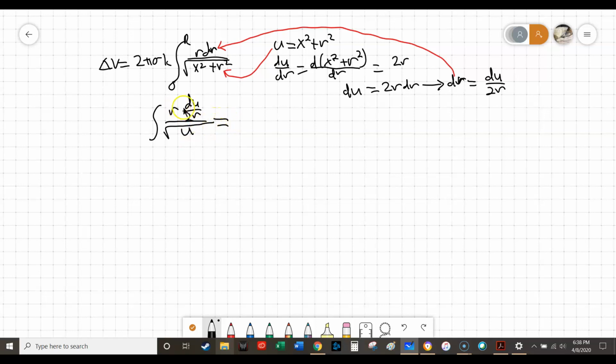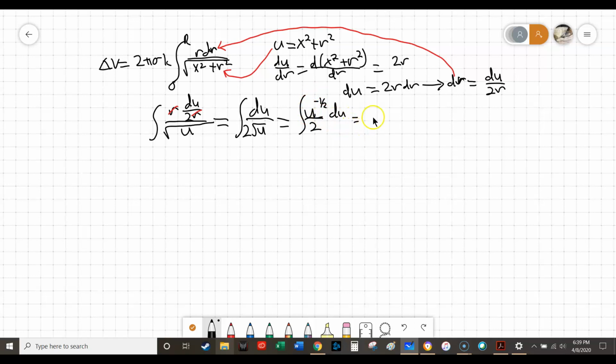The r's are going to be eliminated. This u to the square root of u, I'm going to call this du over 2 square root of u, and this u, I'm going to bring up top to the negative 1/2 power, du.